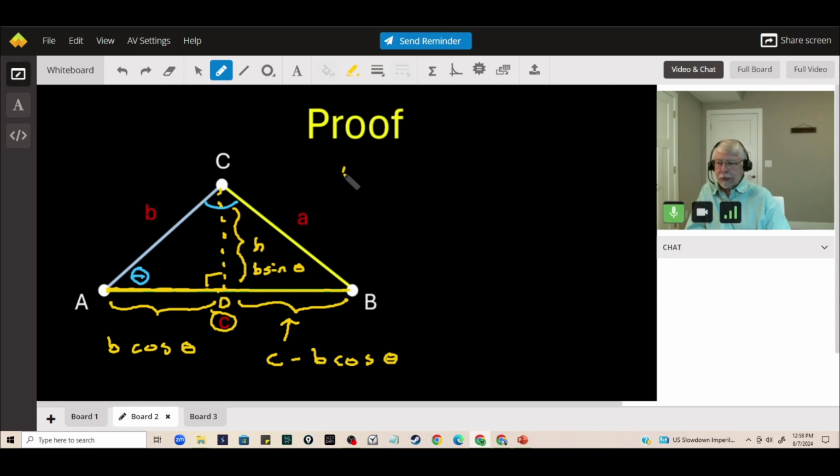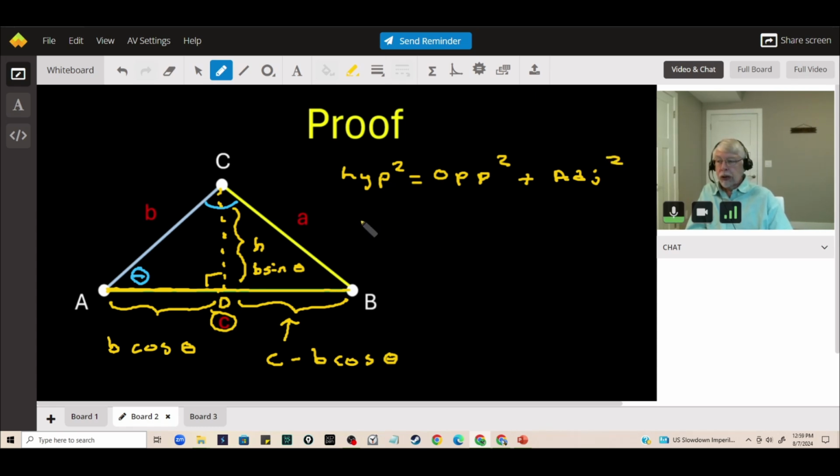Can I say that the hypotenuse squared is equal to the opposite side squared plus the adjacent side squared?